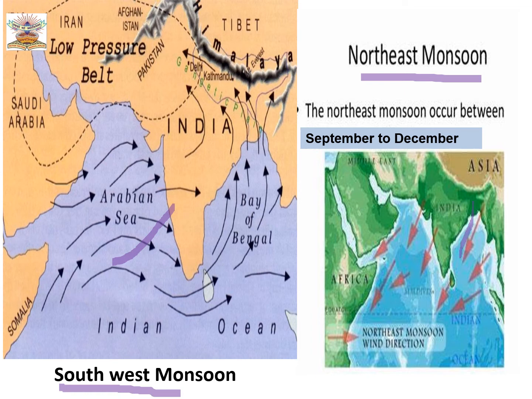The northeast monsoon occurs from September to December in the Indian subcontinent. You will see Kerala, Tamil Nadu, Andhra Pradesh, they get rainfall during that time. They experience this monsoon and retreating monsoon season apart from the summer and winter season.